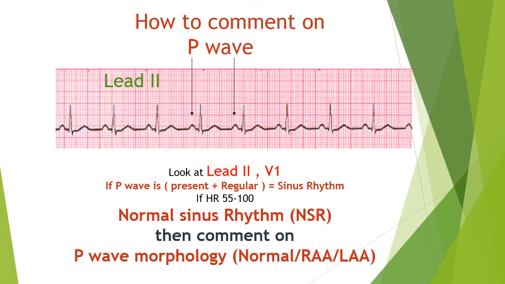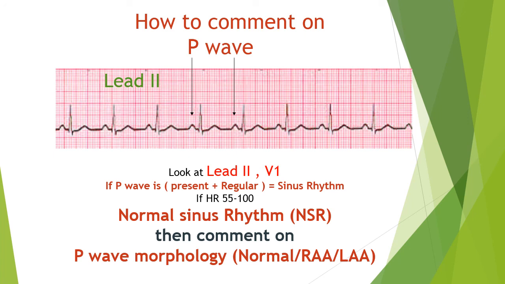So again, this is how to comment on the P wave on the ECG. First look at lead 2 and V1 and see if the P wave is present and coming at regular intervals, so it is sinus rhythm. Then we will calculate the heart rate. If the heart rate is between 55 and 100, it is normal sinus rhythm.